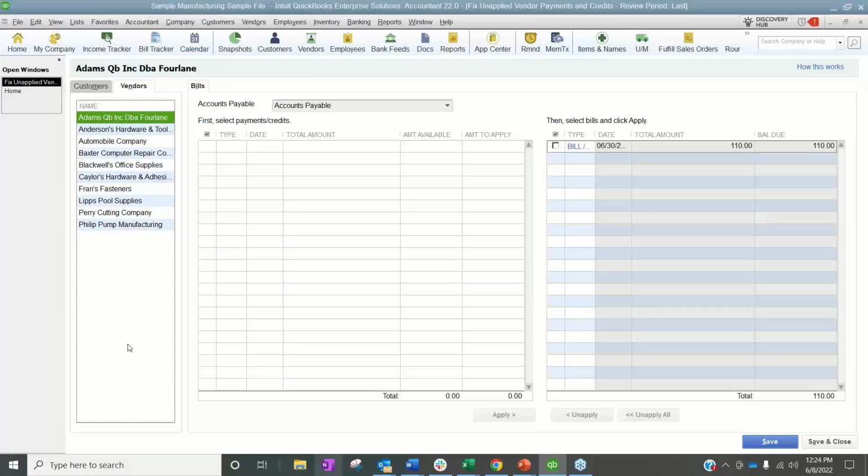QuickBooks definitely expects certain things to happen, just like any computer. It expects that you're going to reconcile your bank statement. It expects you're going to pay your bills. It expects you're going to receive payments against your invoices, and that they're going to get closed out at some point. And when we're functioning in a way that it doesn't expect, then the processing volume to do something like run your open accounts payable report, when that report for all time has every single transaction not applied to each other, it's going to hurt the database.